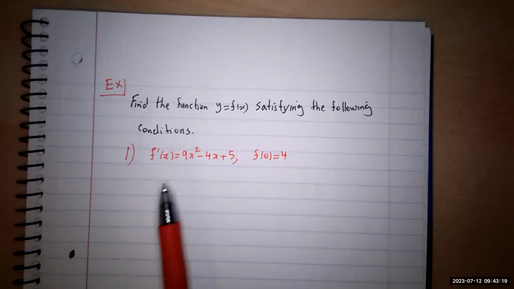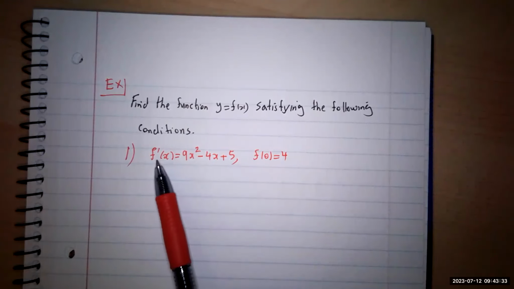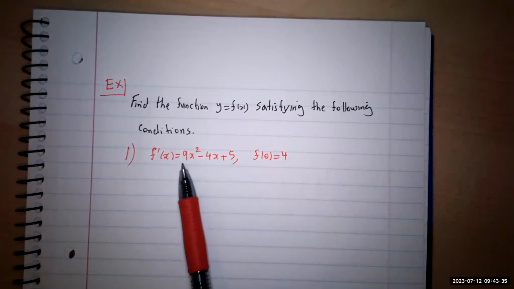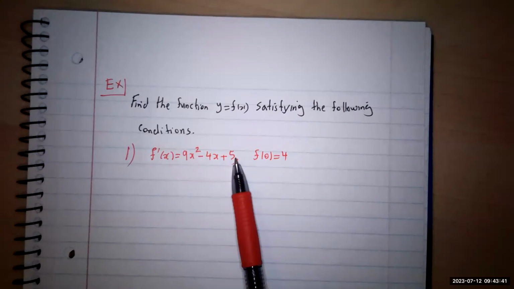So you can think about this one as a rate of change. You have done some experimental work and you get the rate of change and you would like to find your function. Or if this is going to be your position when you're driving, f prime is going to be velocity. So if you give us the velocity function when you drive, we will be able to find your location.